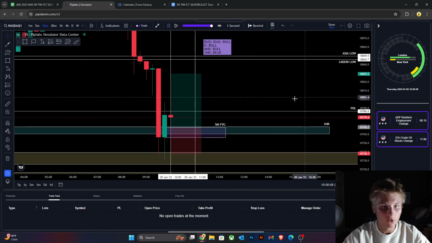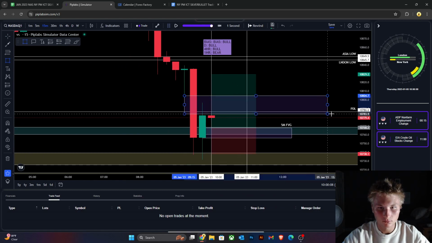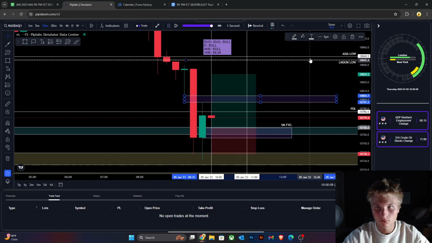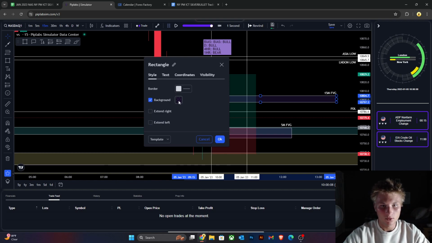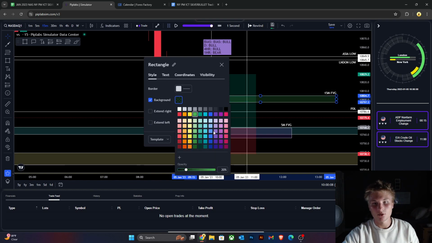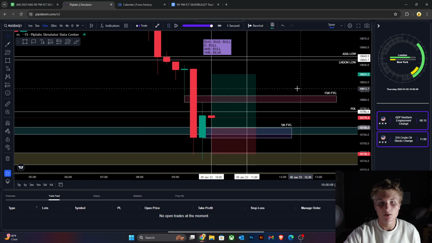Let's see, we do have a 15-minute gap right here. We're gonna mark it up. Price could be drawing towards that. Let's just make it red, just to make it different.